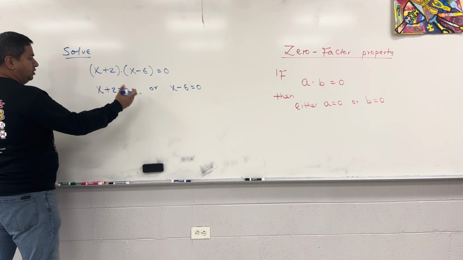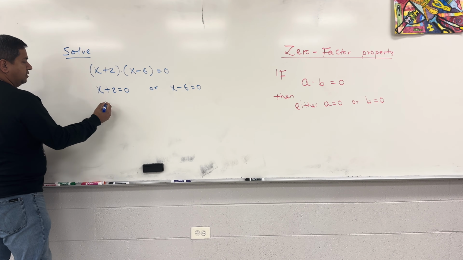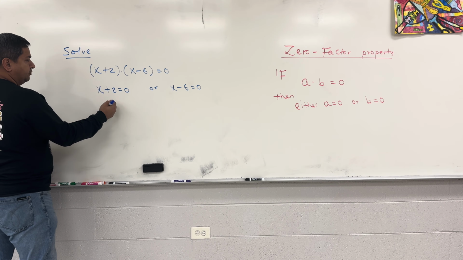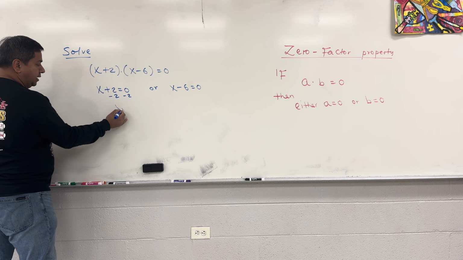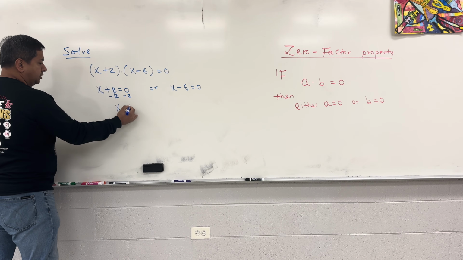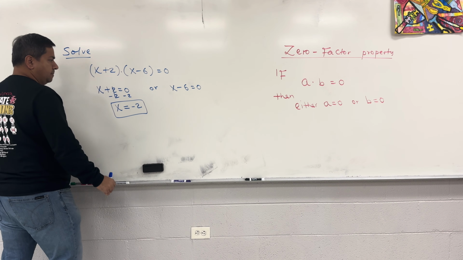Now once you get to this point, it's just a matter of getting x by itself. If you look at the one on the left, how do I get x by itself? We subtract 2, right? You get x equals -2. This is one of the solutions.